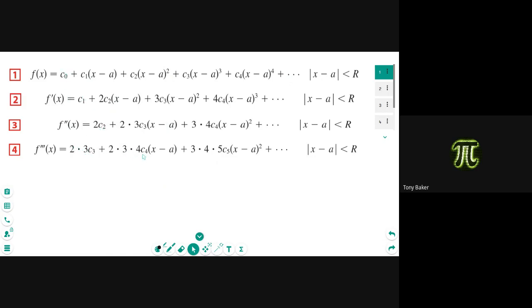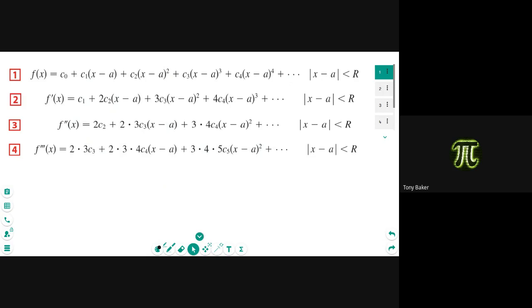This one's 2 times 3 times 4. This one's 3 times 4 times 5. If I did this one again, what's going to be in front of the 3? If we did the derivative of this piece again, the 2 would come down right in front, and the next one will be a 1 down in front. So what do we have that gives me 1 times 2 times 3 times 4 times 5 times whatever? The factorial.